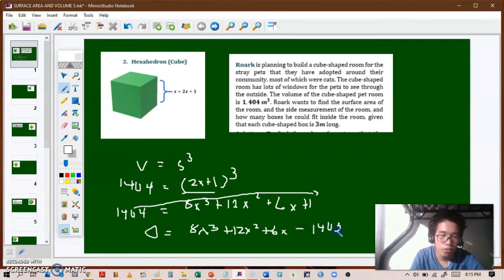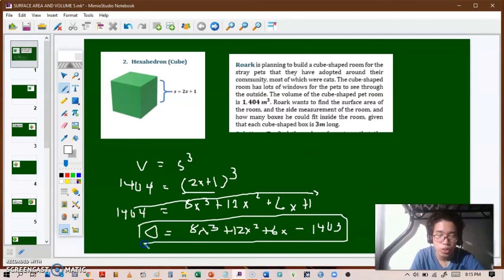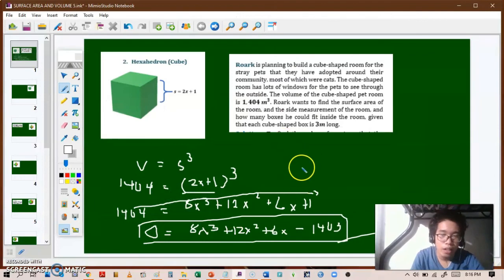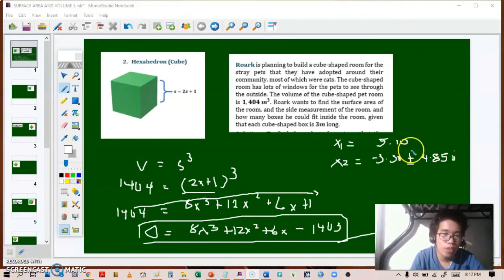And from here we can use our calculator to get the 3 roots of our cubic equation, using the steps that I've taught you guys. The 3 roots are 5.10 and negative 3.30 plus or minus 4.85i.